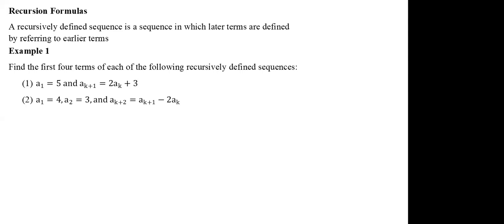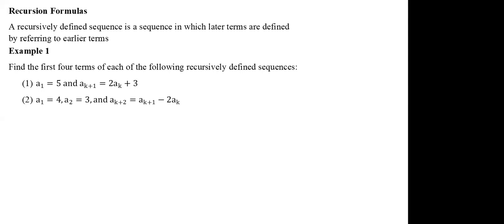Now, the recursive formula combines the two. You will be given a particular term and the general term. They will now ask you to find some other terms. Do you understand me?